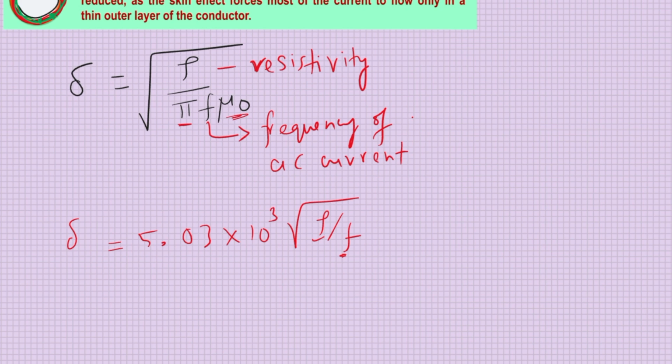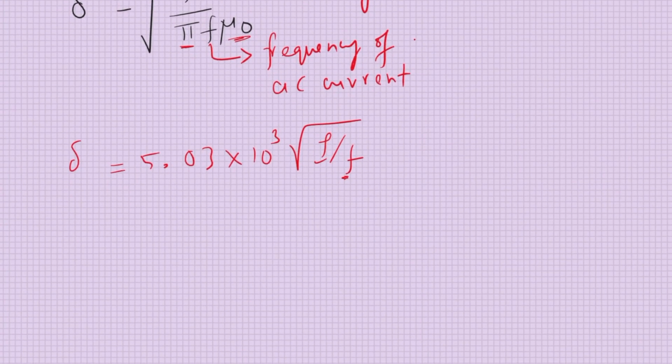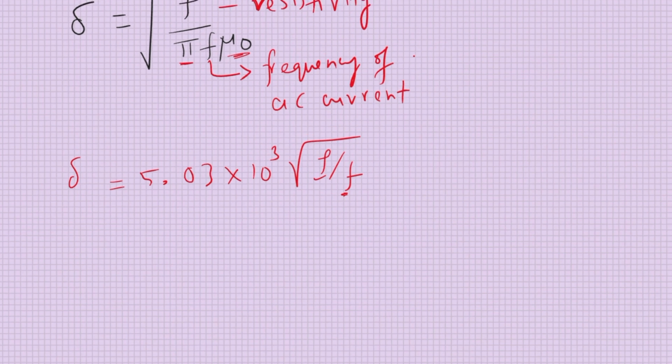We can also write this equation in different ways, connecting to different parameters. We know that mu is equal to mu r times mu naught, so mu naught is equal to mu by mu r.